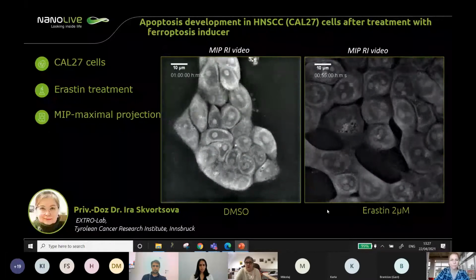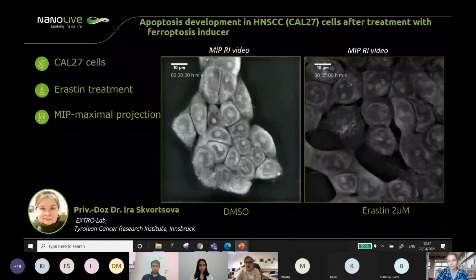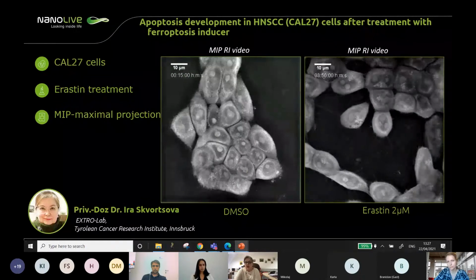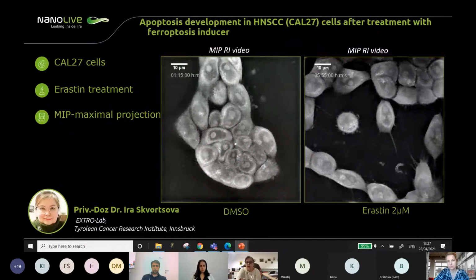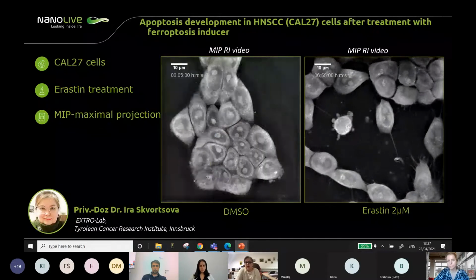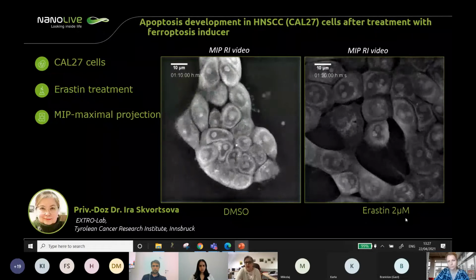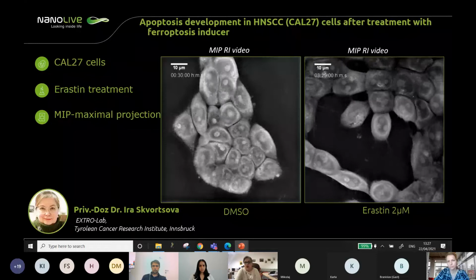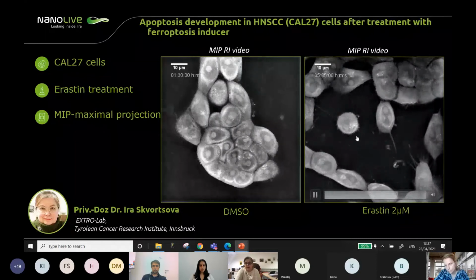This is not a very sensitive cell line to Erastin treatment, and if you look, the cells demonstrate just shrinkage. They are becoming smaller, but only one cell demonstrates apoptosis development, and all the others, it seems that they survive the treatment, and other methods confirmed our observations here.